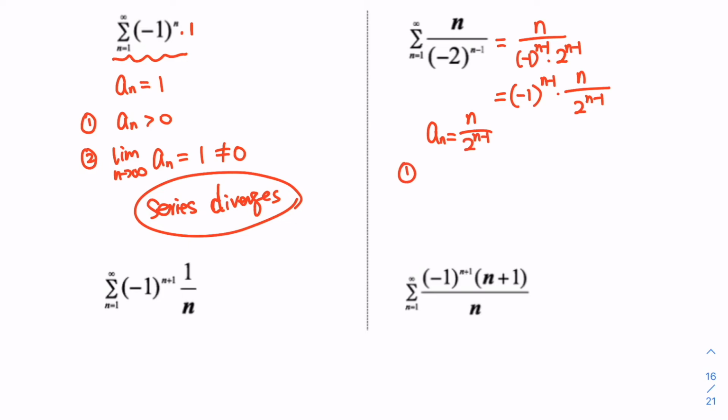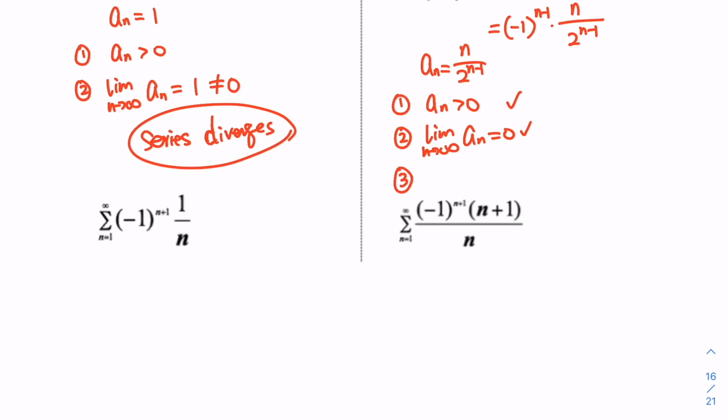Now the three conditions: a_n is positive, and the limit as n goes to infinity of a_n equals 0. Next, we have to prove it's increasing or decreasing. Because we have an exponential function, I'm going to do a_(n+1) over a_n. Plug n plus 1 in, so it's (n+1) over 2^n, divided by n over 2^(n-1).